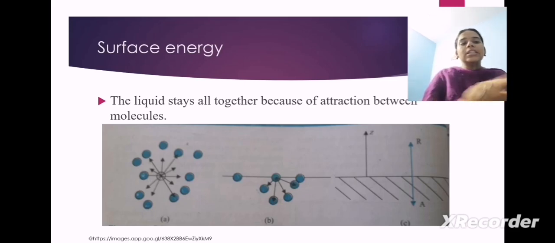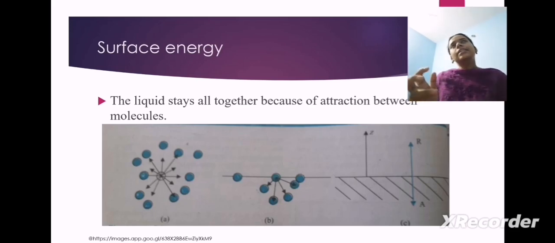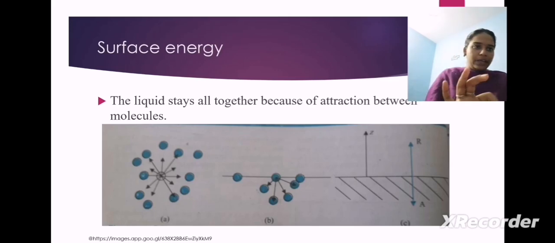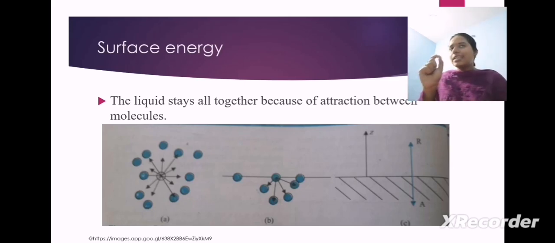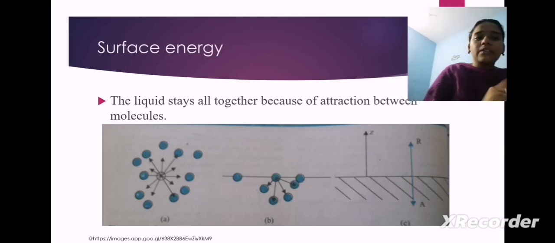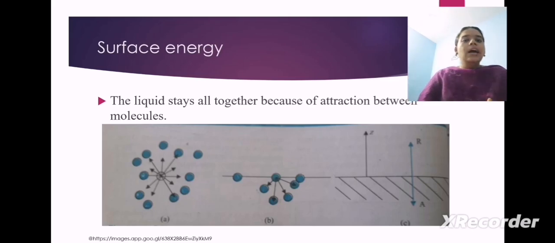They have given three diagrams. Consider that you have taken a beaker of water, and let's consider a point inside the beaker of water. Then I have given you three diagrams.